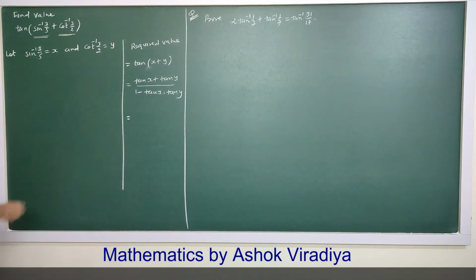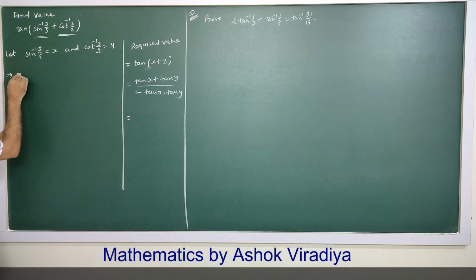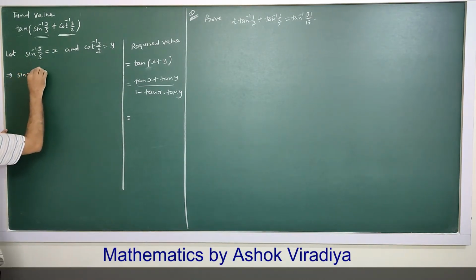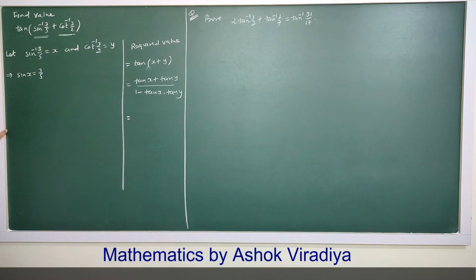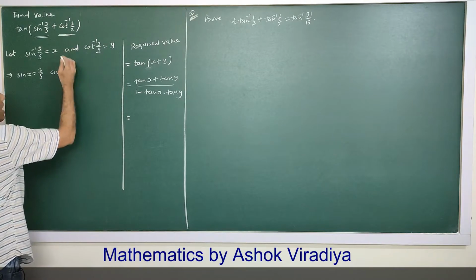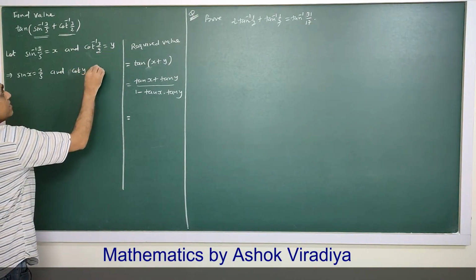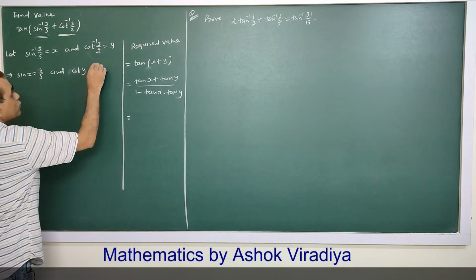So what do we do? From this expression, sine inverse 3 by 5 is x, so sine x is 3 by 5. That means sine x is 3 by 5, and cot y will be equal to 3 by 2.